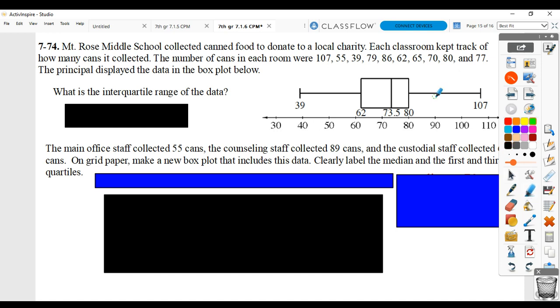So first of all, just to remind you of what a box plot shows, this is the lowest value, this is the highest value. The value here is the median. The value here is, we call it Q1 or quartile 1, meaning halfway between the lowest value and the median.